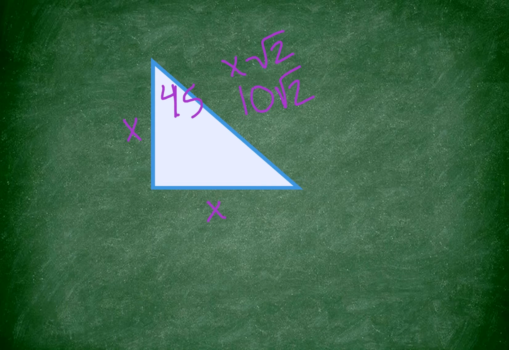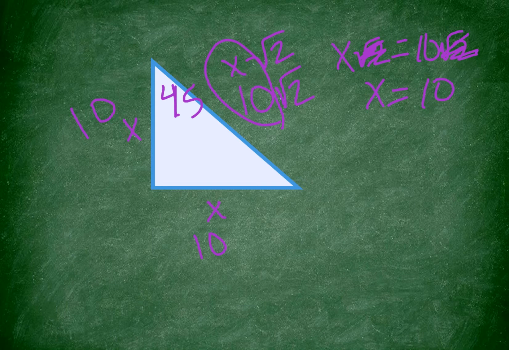Just remember that when you're trying to figure out what the side is, you're really writing this equation: x square root 2 equals 10 square root 2. The square root of 2's cancel out, because if they're on both sides of the equation, you can just cancel them out, and you're left with x equals 10. So that means this side here is 10, and so is this x as well. Because if the square root of 2's are the same, then the number in front of that square root 2 is going to be your x.